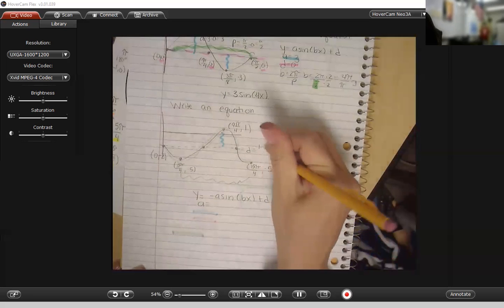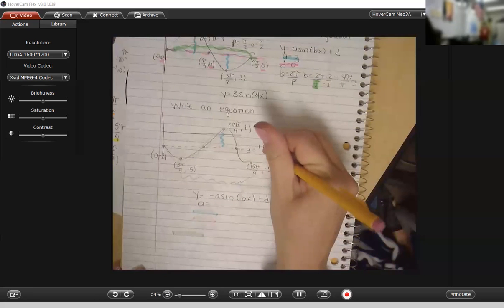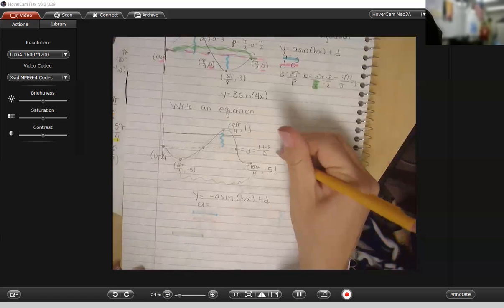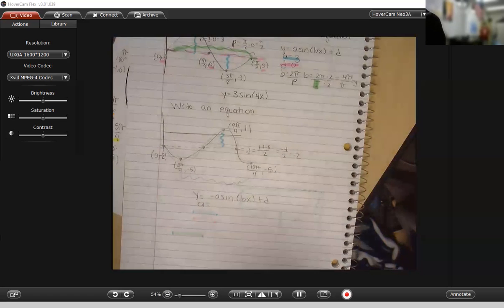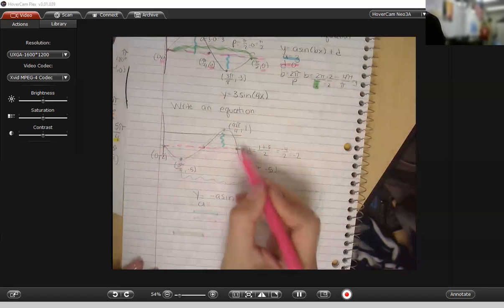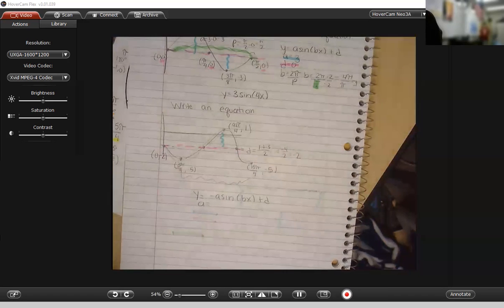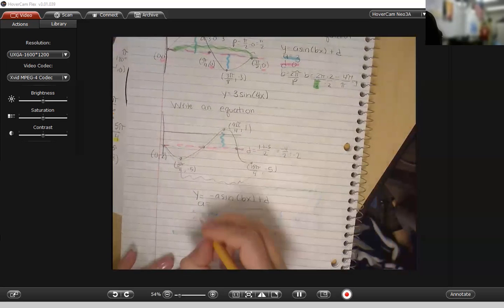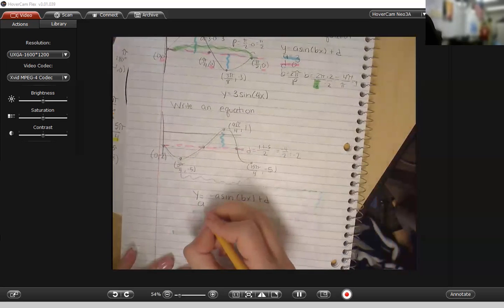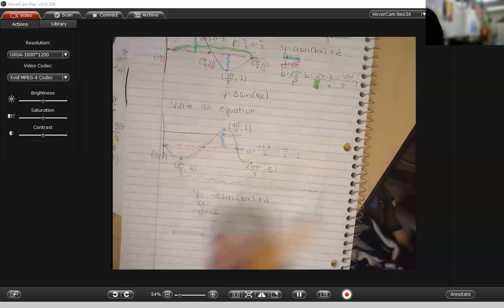So 1 plus -5 divided by 2. 1 plus -5 is -4, divided by 2 is -2. So that line right here that it didn't give me is -2. Didn't give me those points, but I know that midline is -2. So write that right here: D is equal to -2.